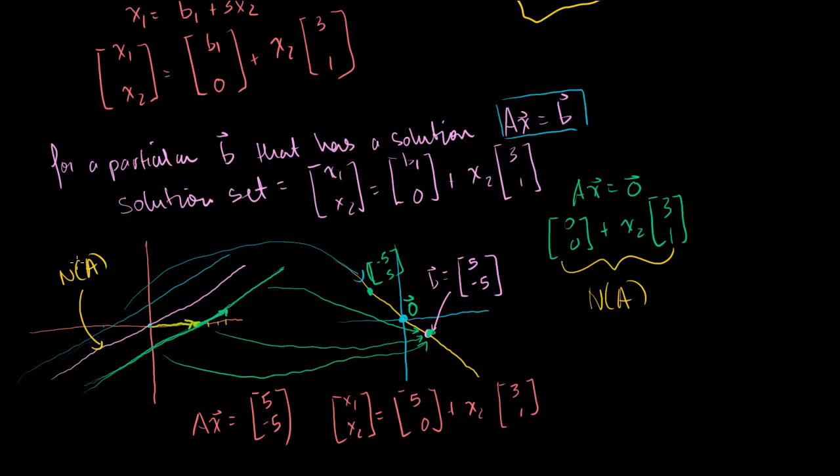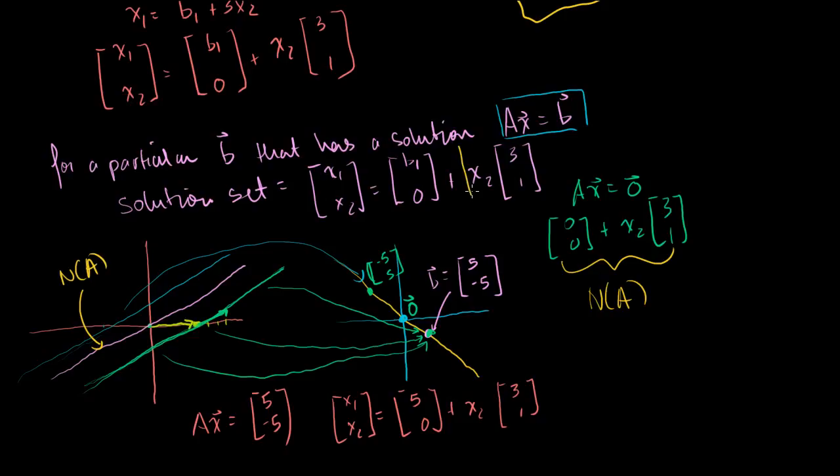So notice, and this is the big takeaway from this video, that we're picking b's that actually do have solutions because we're picking them on this line. We're picking them in the image of our codomain. But the solution set to any Ax equal to some b, where b does have a solution, is essentially equal to a shifted version of the null set.